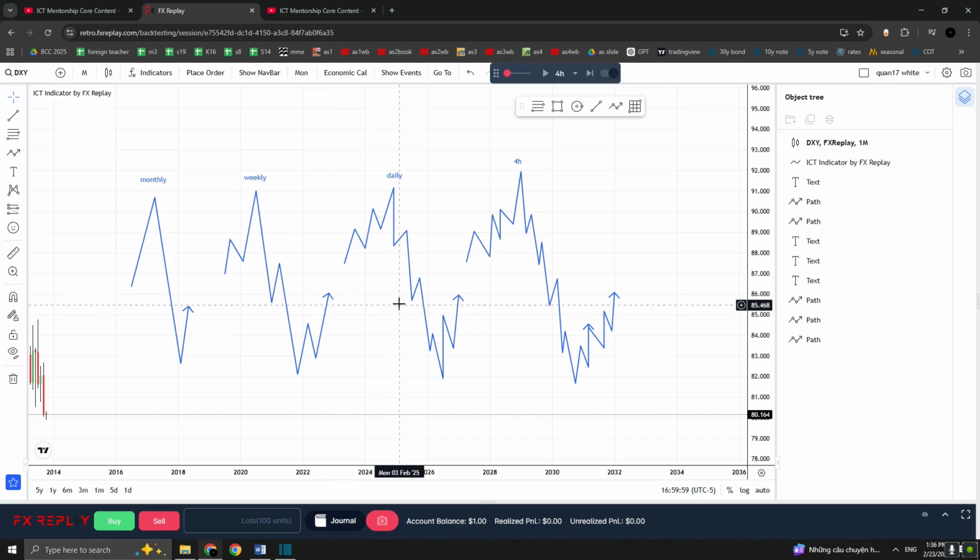But if price sweeps the 40 days lowest low, then it's less likely to be bullish anymore. So we want to put our stop loss 40 days in the past.